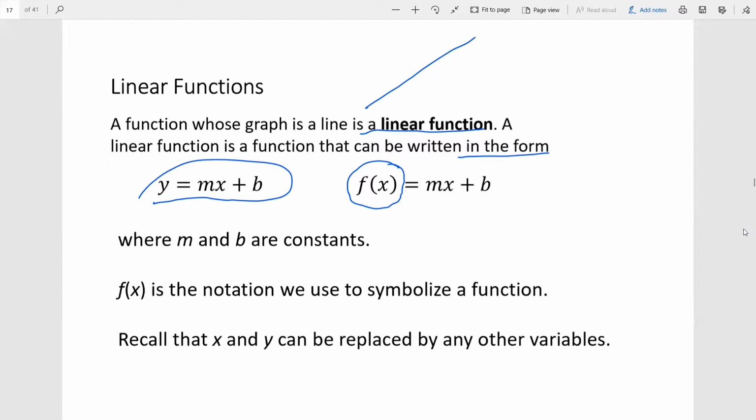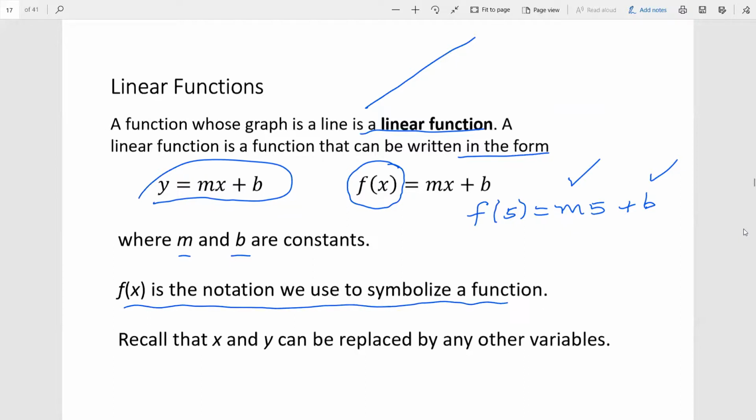So if you wanted to find out the value when x equals 5, you just put in a 5 everywhere you see an x. And of course, if you knew what the b was and the m was, you would be able to calculate f of 5. So here m and b are constant, and f of x is the notation we use to symbolize a function.